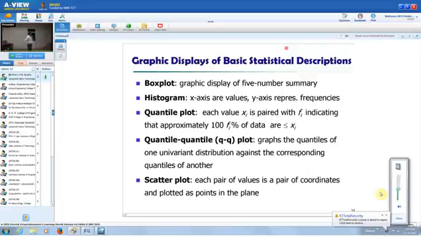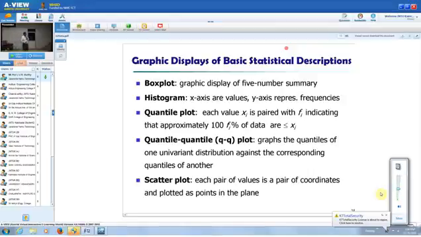Now coming to the quantile plot, you have to sort all the elements in ascending order to draw a quantile plot. Now, you will find out the percentiles.